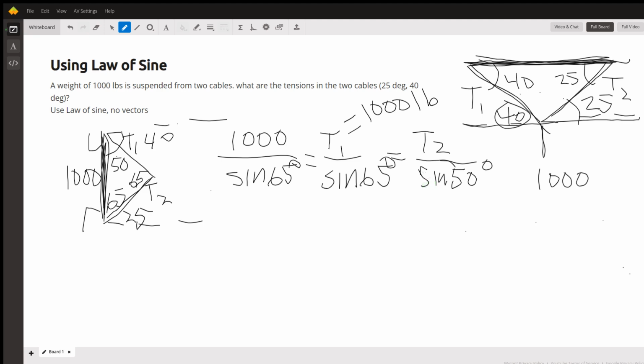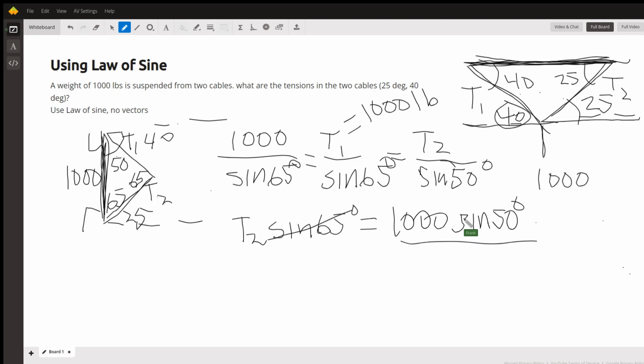And I can cross multiply here. T2 times sine 65 degrees equals 1,000 times sine 50 degrees. And if I divide both sides by sine of 65 degrees, T2 equals 1,000 sine of 50 degrees over sine of 65 degrees.